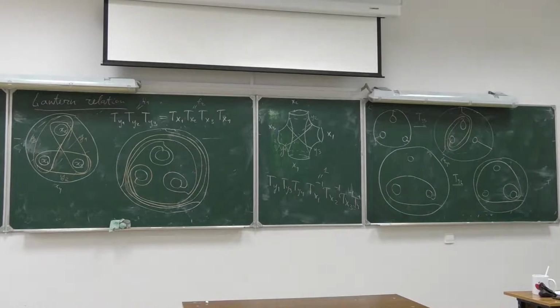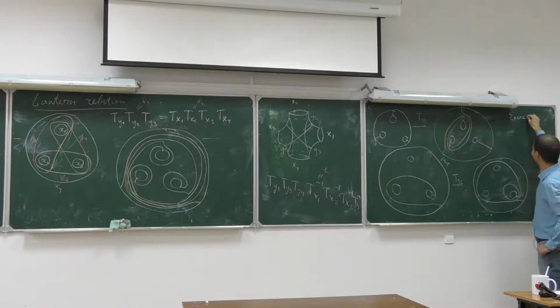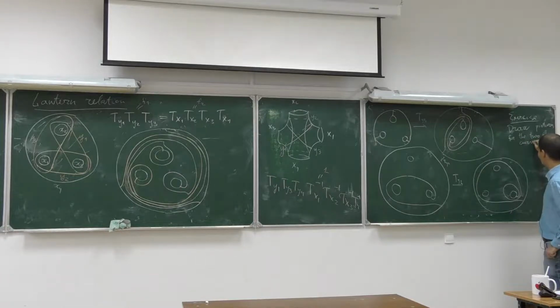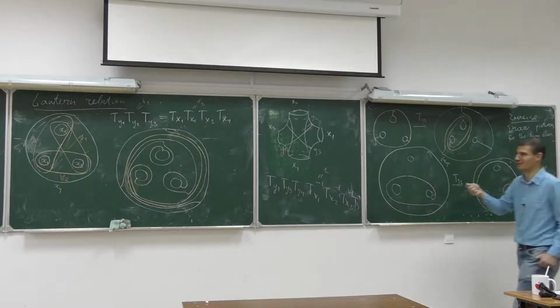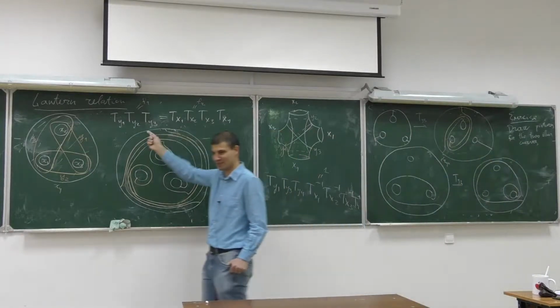Well, exercise. Draw the same pictures for the two other curves. Unfortunately, we cannot say that, because of symmetry, it's the same. We have no symmetry before we have proved this.